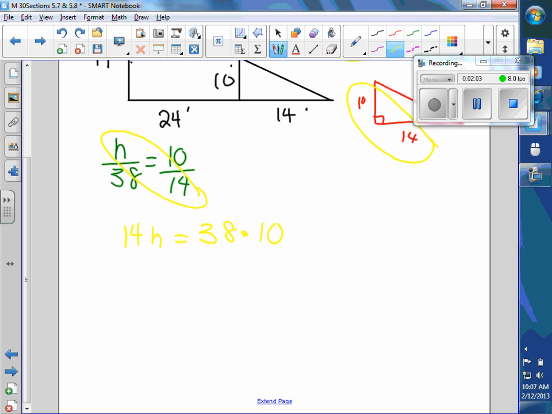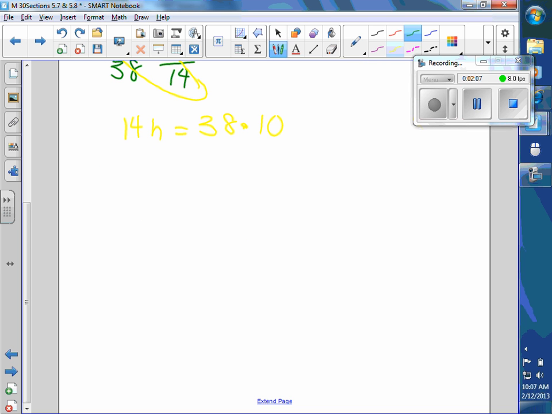Now, on the video that I posted yesterday, I really encourage you not to multiply the 38 times 10 out, because it helps when you do division to reduce along the way, and it simplifies your work. So for example, 2 goes into 14 7 times, and it goes into 38 19 times.